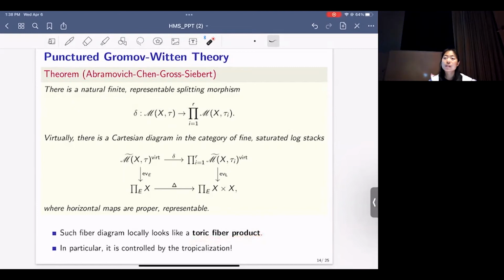And the bad part is this is not a schematic fiber product anymore, and we would need to take some saturation, and the space we get is like a closed immersion together with several components of the same kind. So it's more complicated. But for the case where your gluing strata are toric varieties, this is actually pretty nice, and such a diagram locally looks like a toric fiber product.